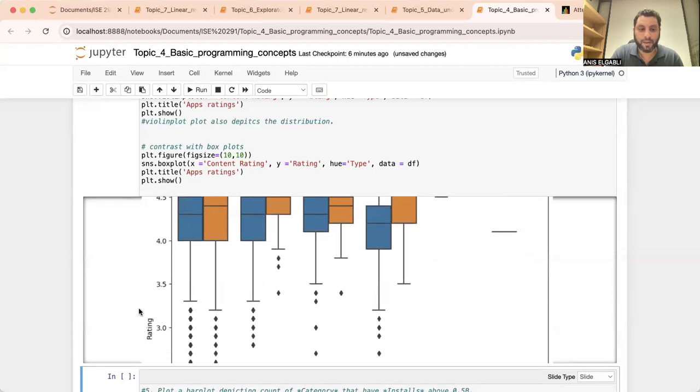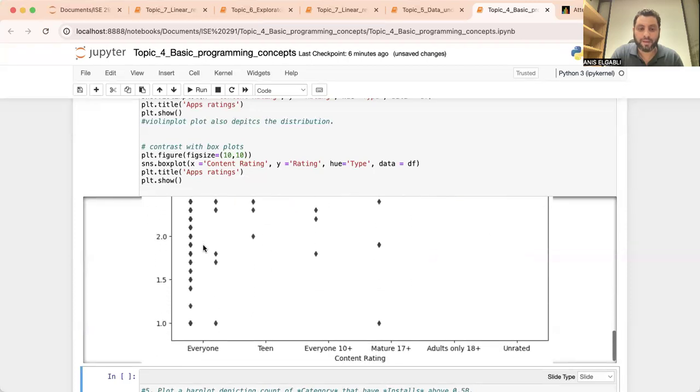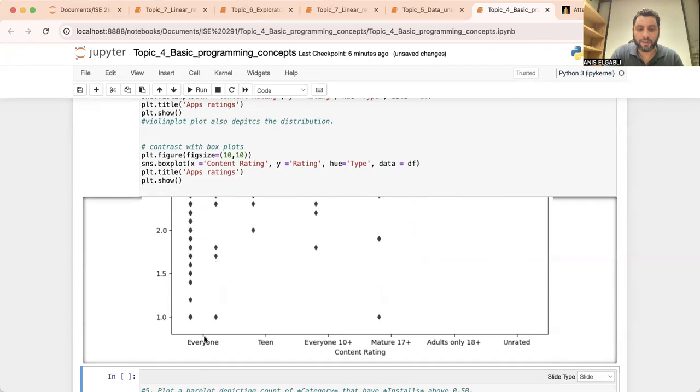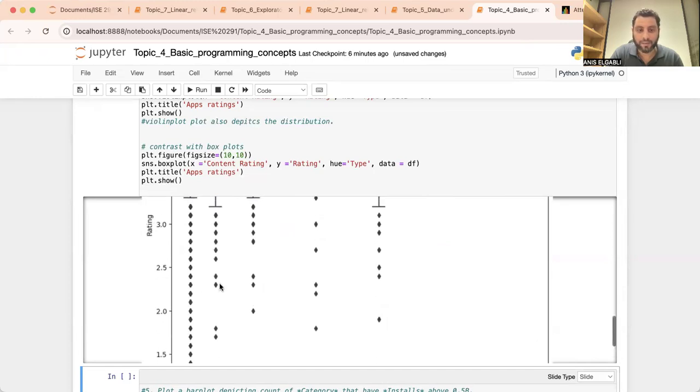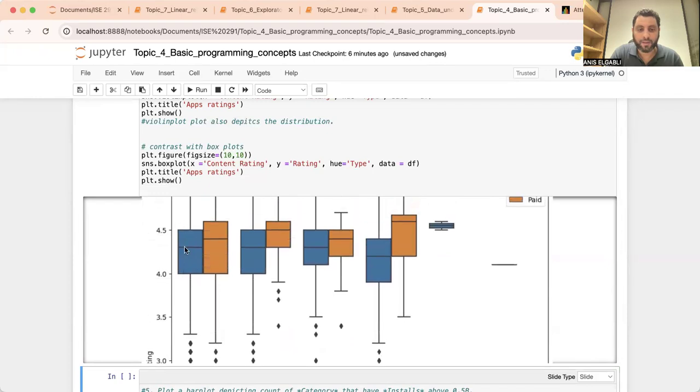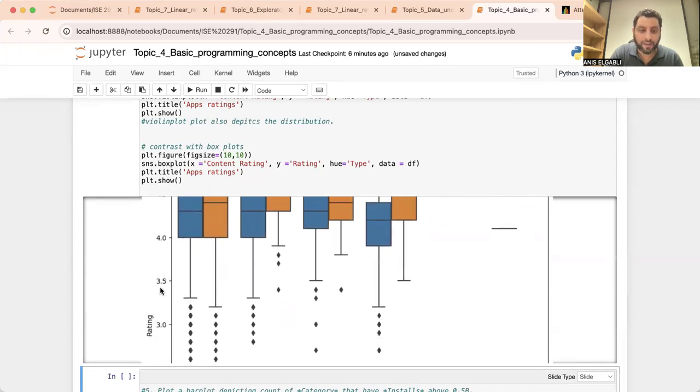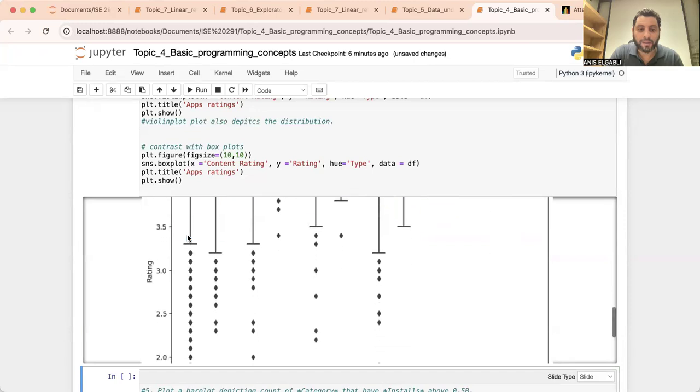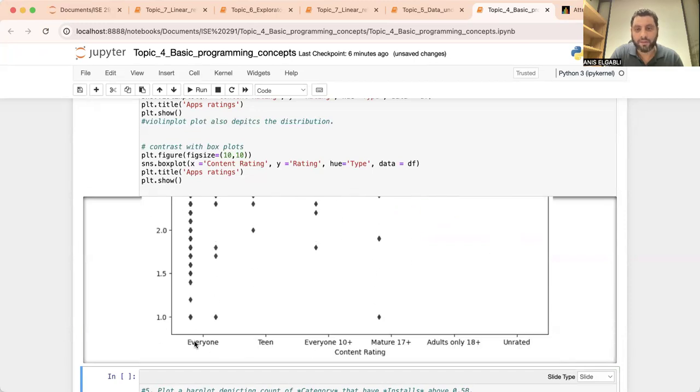For rating, why? Because for every category there are paid and free. For example, for this choice for content rating, everyone, there are some free and some paid. So this is the statistics of rating for free apps in the everyone category.